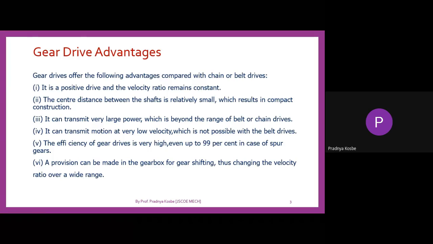Its efficiency is even 99% in the case of spur gears. A provision can be made in the gearbox for gear shifting, thus changing the velocity ratio over a wide range.